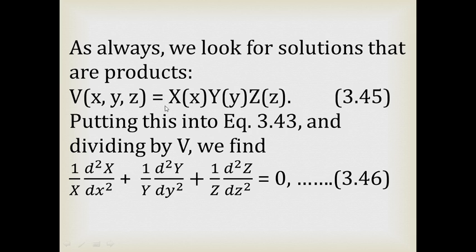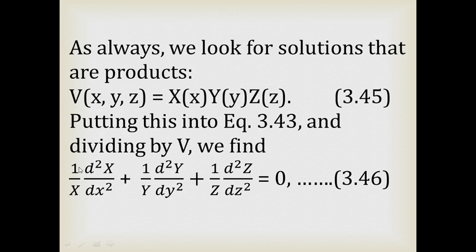Putting this into our Laplace equation, the previous equation, and dividing by V, where V is equal to X Y Z, we find that each term depends upon one coordinate only. That means the partial differential equation is converted into an ordinary differential equation.